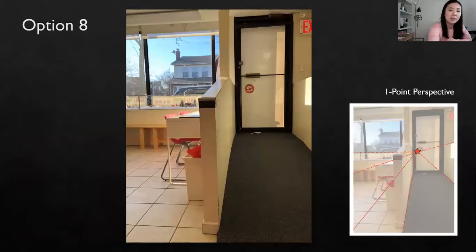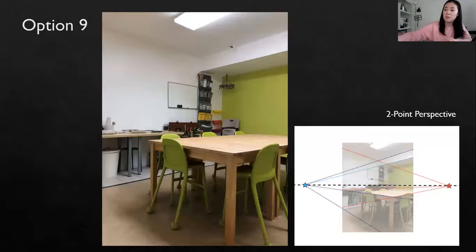And this is another one-point linear perspective photo, which is option 8. And the last option is two-point linear perspective. That's all the options.